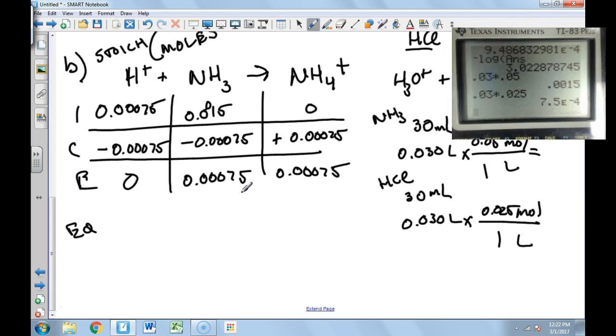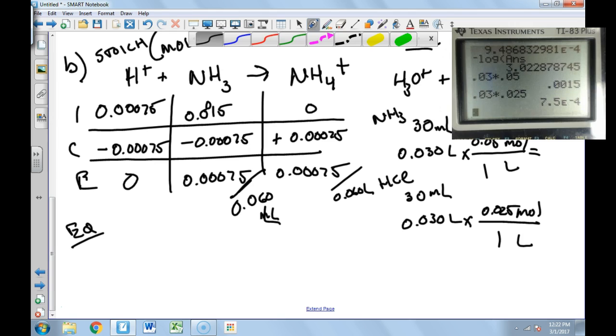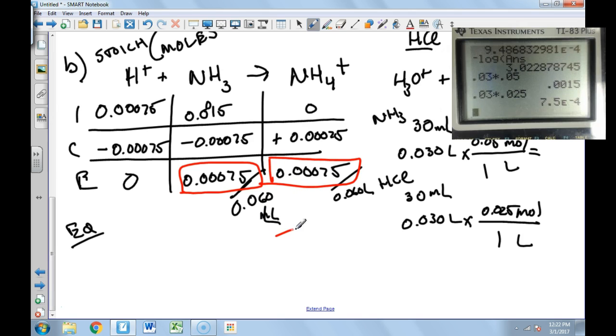Okay, and so these concentrations now are equal. What is the volume here that we have? We have 60 milliliters, which is 0.060 liters. And so when we do our equilibrium step, we have to take the number of moles here that we came up with here and divide it by the number of liters here.